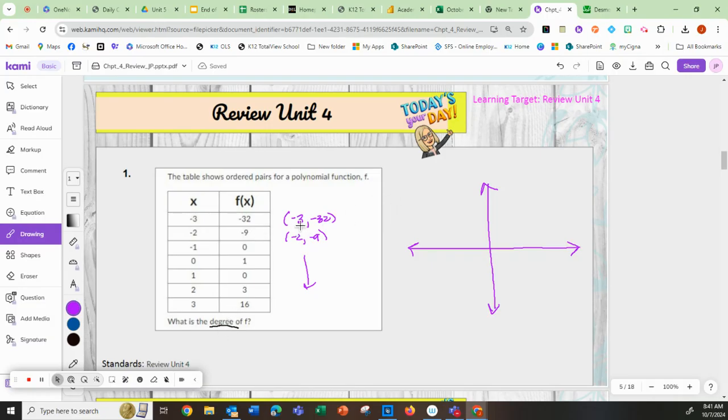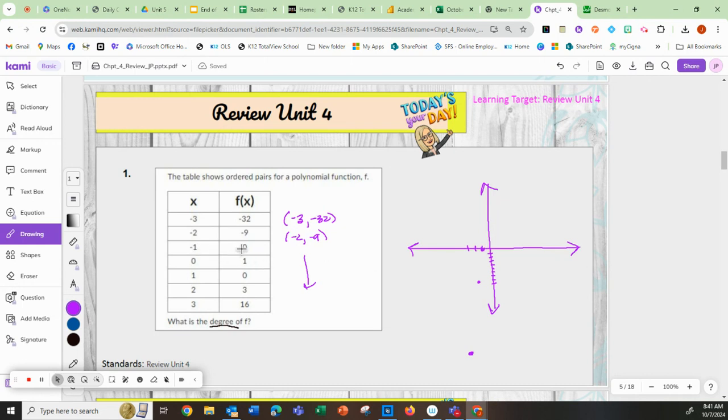This isn't going to be perfect, like I'm not really going to graph left 3, down 32, but if I go left 3, down 32 is going to be way down here. This is left 2, down 9. So we'll just pretend 1, 2, 3, 4, 5, 6, 7, 8, 9. So we'll say it's about there. We don't have to be exact on this. We're just going to get an idea.